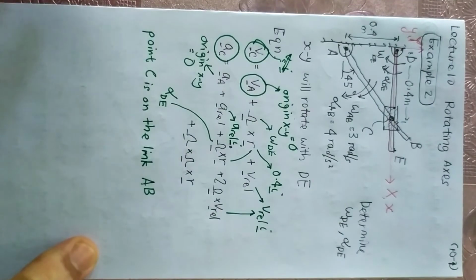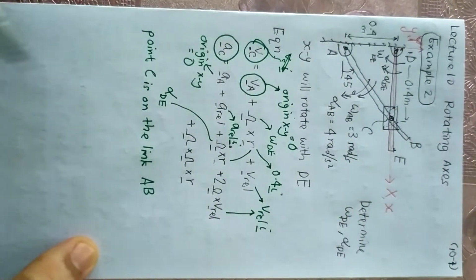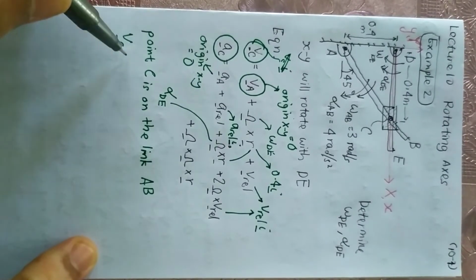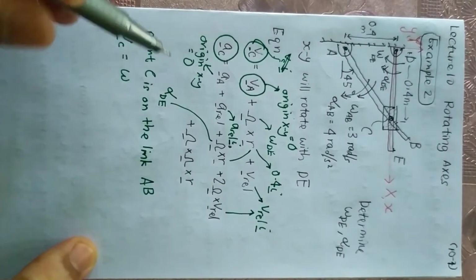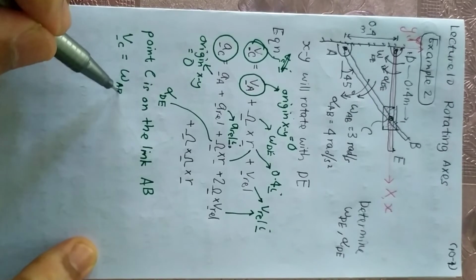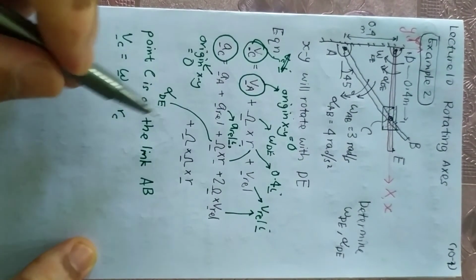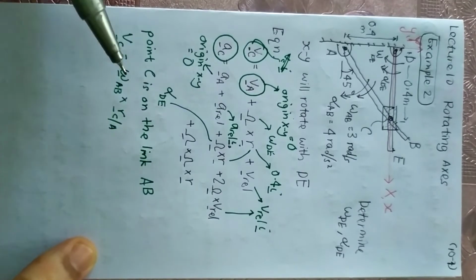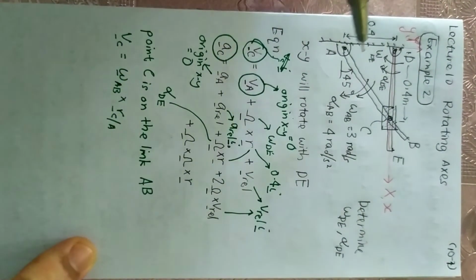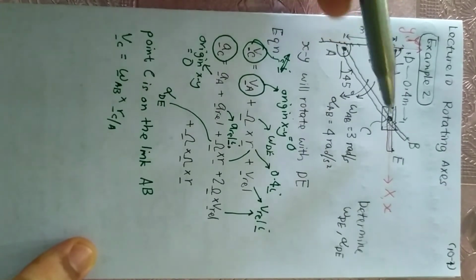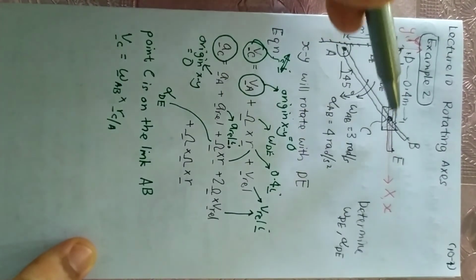So if you know that point C is on the link AB, therefore we can find VC equals omega AB cross the position vector of C relative to A. So what is C relative to A? It is 0.4 meter up and 0.4 meter to the right. So this is 0.4j and 0.4i.